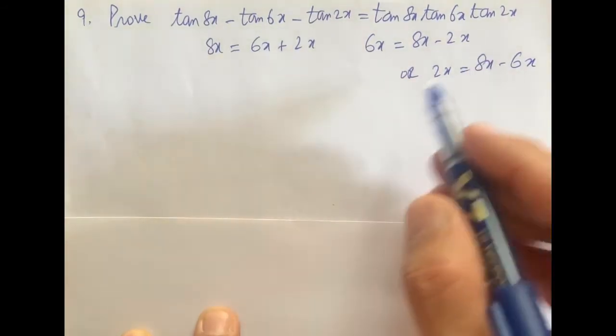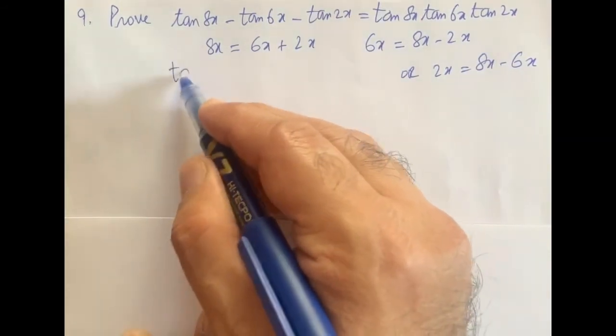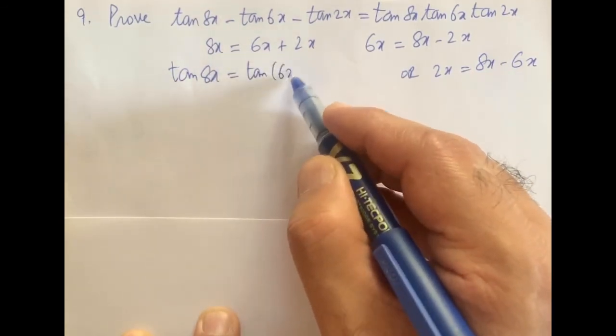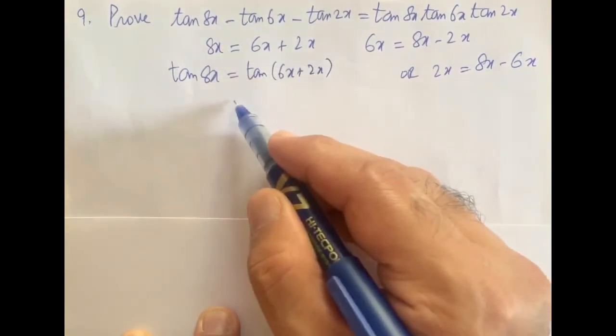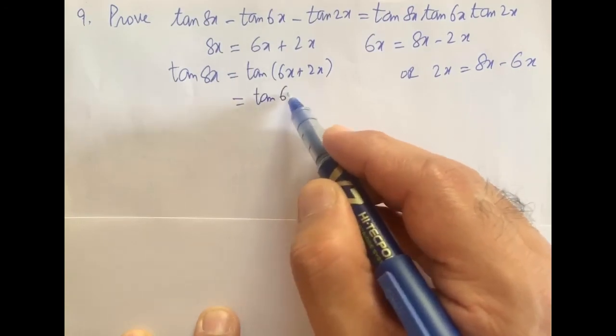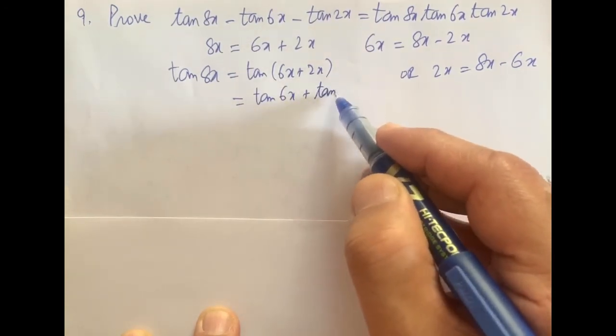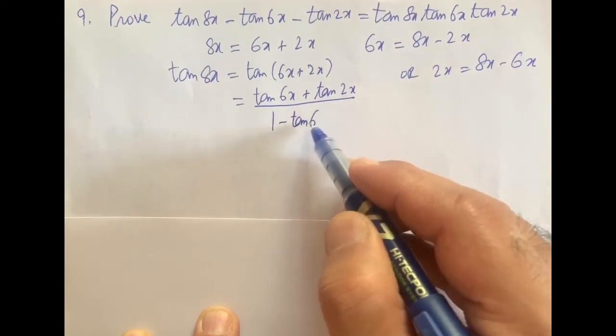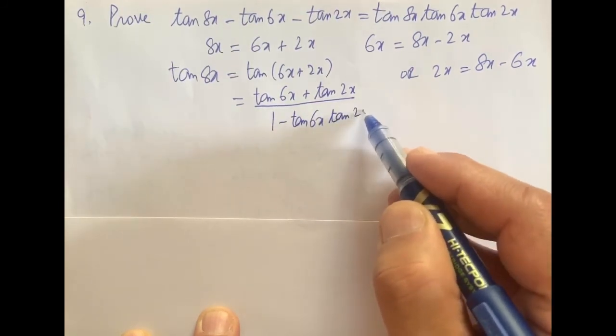Whatever we write, taking tan on both sides, tan of 8x is equal to tan of 6x plus 2x, which is tan of 6x plus tan of 2x upon 1 minus tan 6x into tan of 2x.